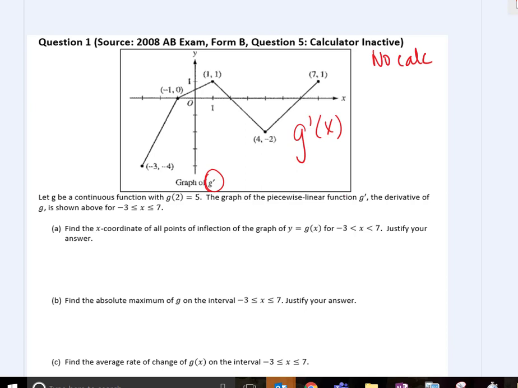So our first question asks us for the x-coordinate of all points of inflection. Now you can go back up to your table and be like, wait, what's that asking us to do? But I remember points of inflection is talking about the double derivative. So this is f double prime of x changes signs.